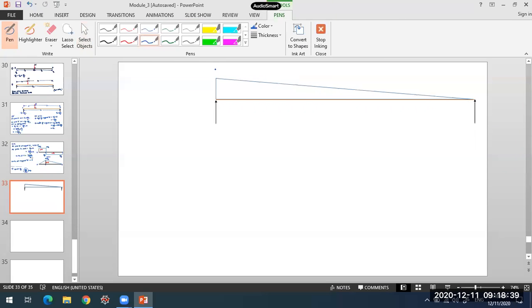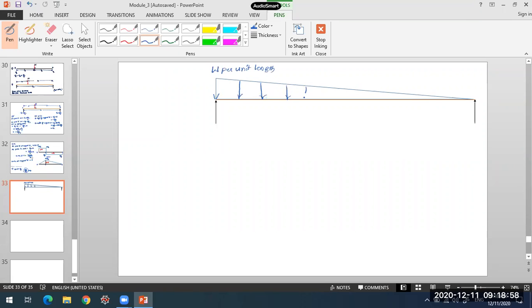Let us say at this point it is W per unit length, acting in a downward direction throughout the beam.